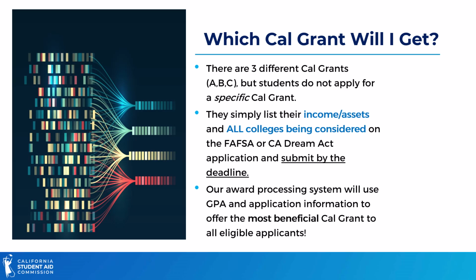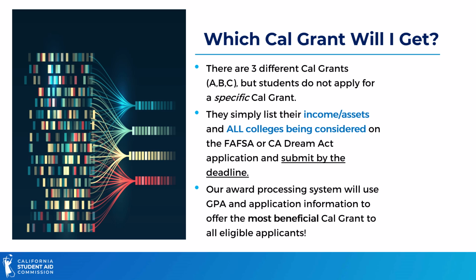So there are 3 different Cal Grants, A, B, and C, which can be confusing, but the good thing is that students do not need to remember all the little details because they are not applying for a specific Cal Grant. They simply need to list their income and assets and the colleges being considered on the FAFSA or the California DREAM Act application and apply on time.